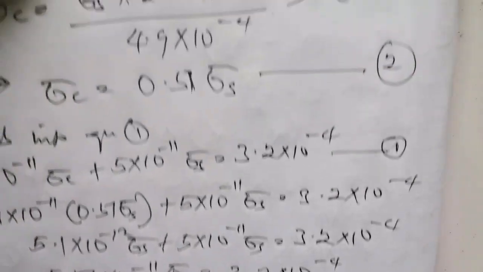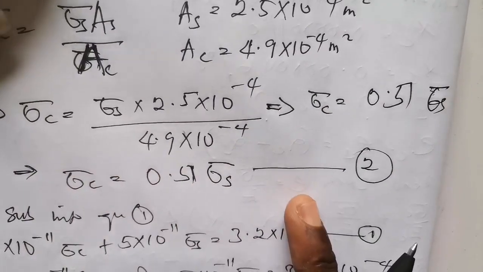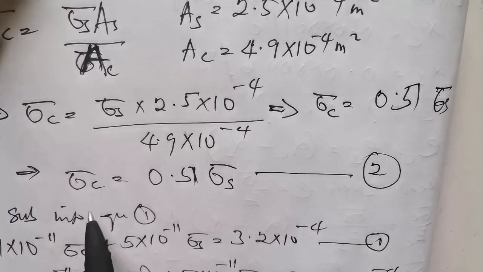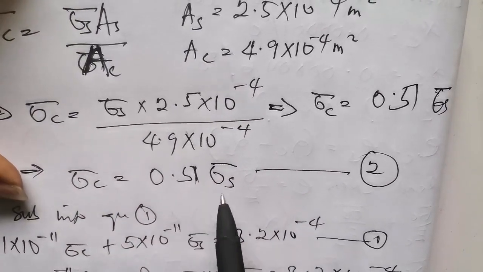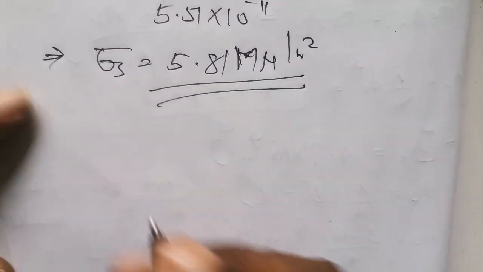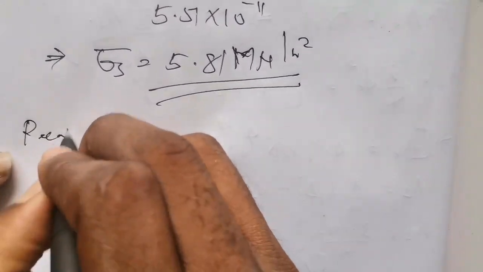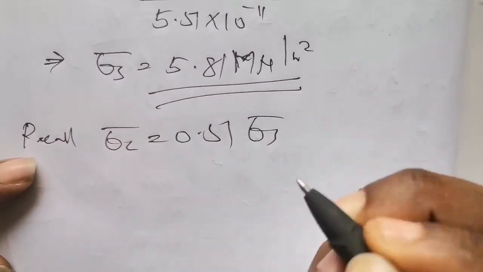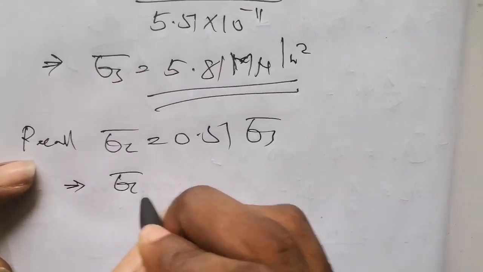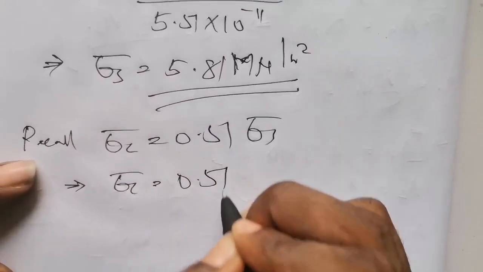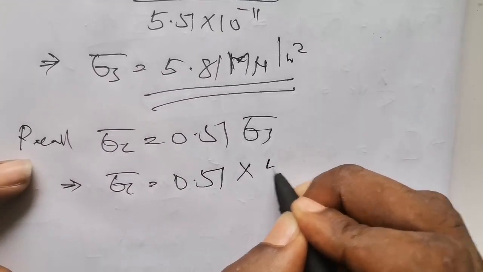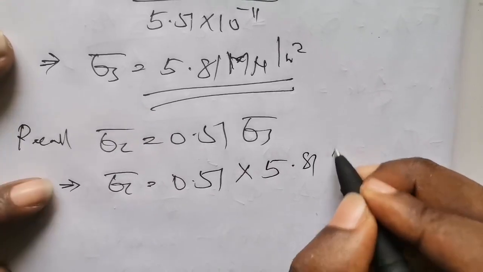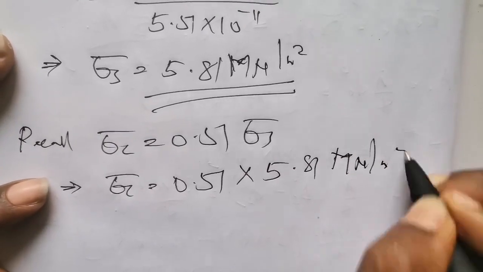But not forgetting equation 2, let me just pull it out. This is equation 2. We obtained that the stress induced in copper is 0.51 times the stress induced in steel. So this simply implies that the stress induced in the copper material is 0.51 times 5.81 mega newtons per meter squared.